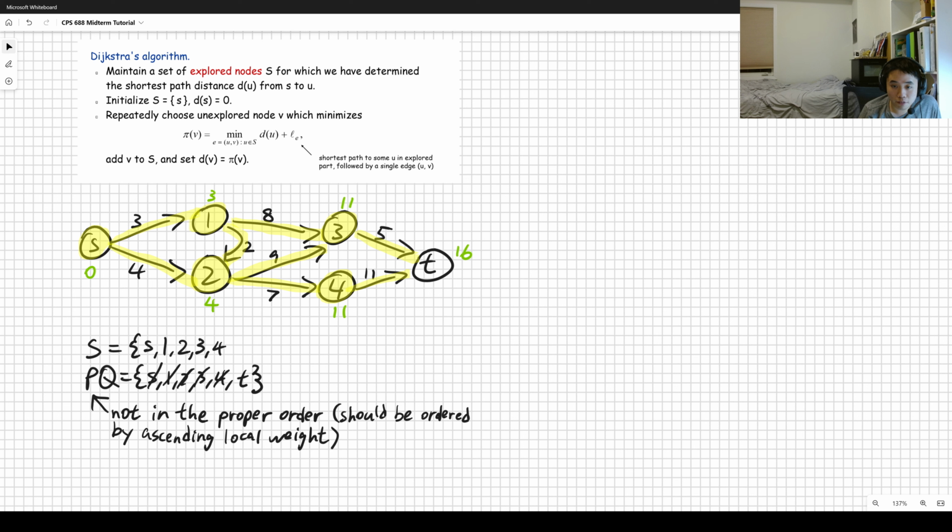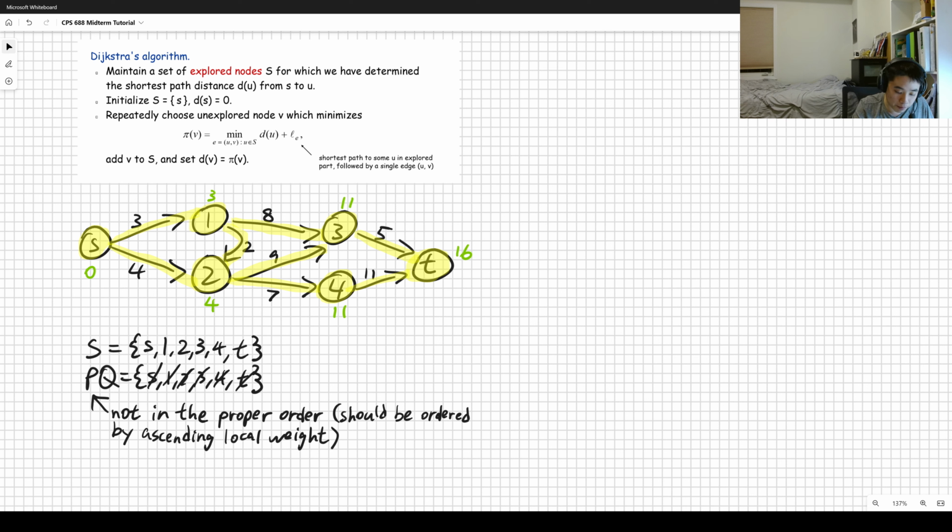So for the very last thing in the priority queue, we have T. So let's take away T. Now T is the last to be added to the visited, and it has no other connections, so we're pretty much done.